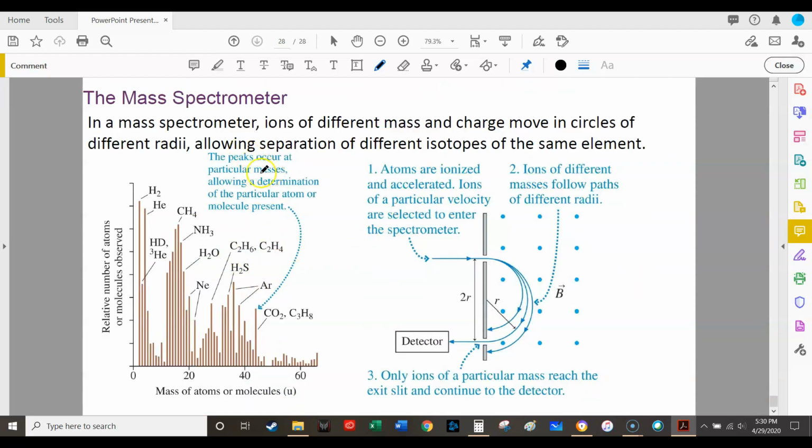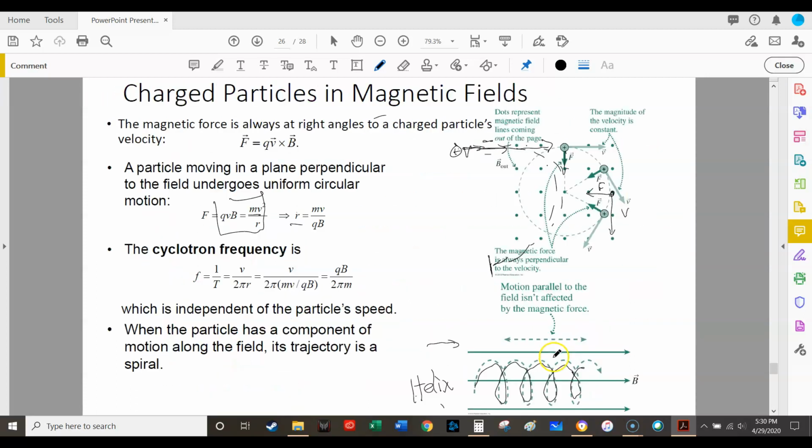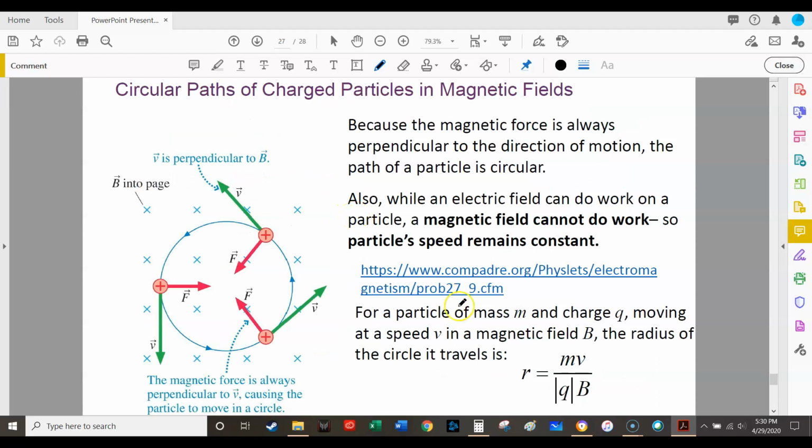So here is a model of a mass spectrometer. Notice that you're shooting particles out this way, and when they enter this region of the magnetic field, they're going to start taking a circle. Let's say the particle has a huge amount of charge on it.